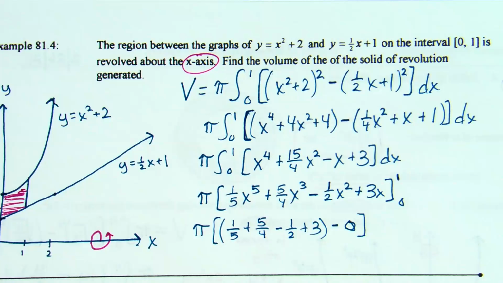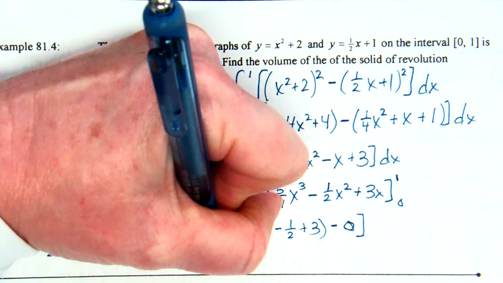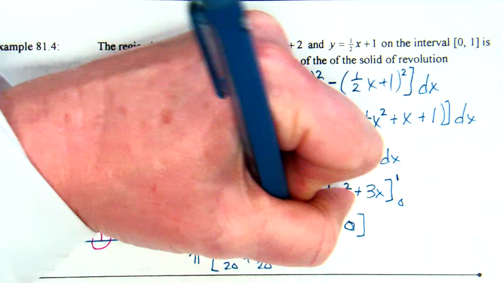So make everybody 20. 1/5 multiplied by 4, 4/20. 5/4 multiplied by 5, 25/20. 1/2 is 10/20, and 3 is going to be 60/20.